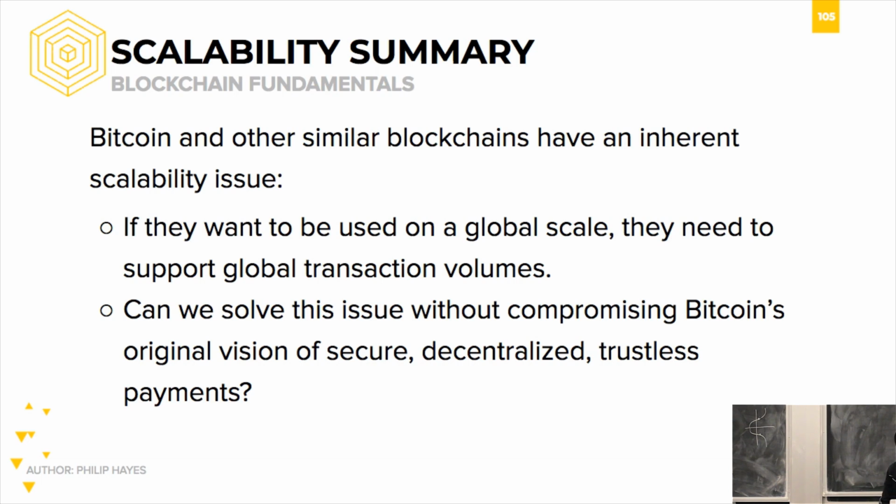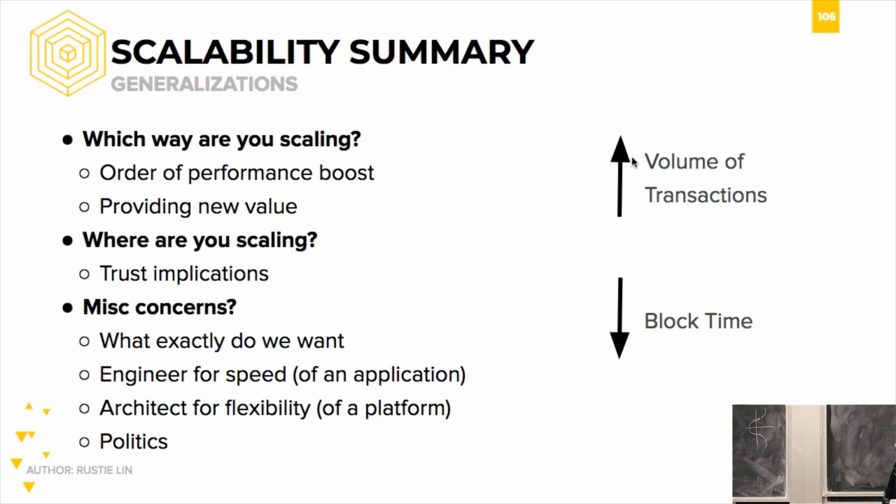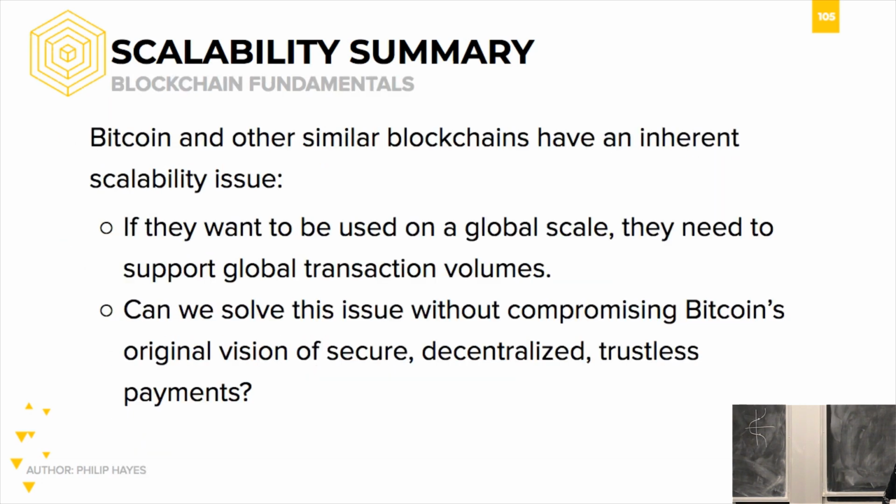All right, so there are a lot of different questions here that are better suited as discussion questions. But the main point is that scaling is not just a technological problem. It's also a philosophical problem.